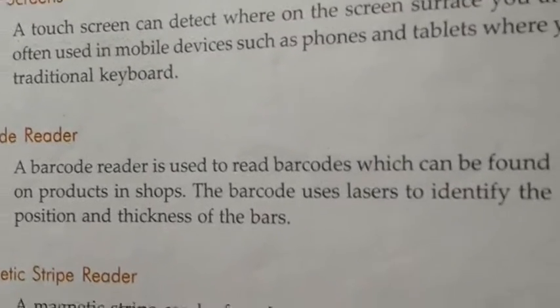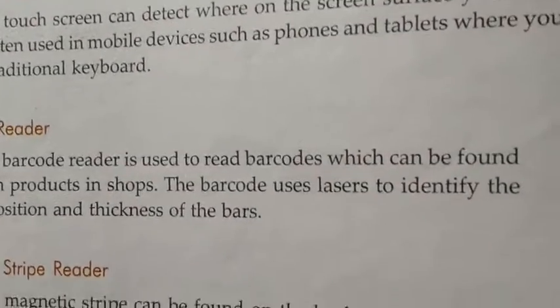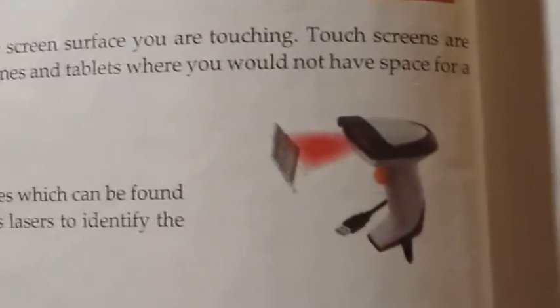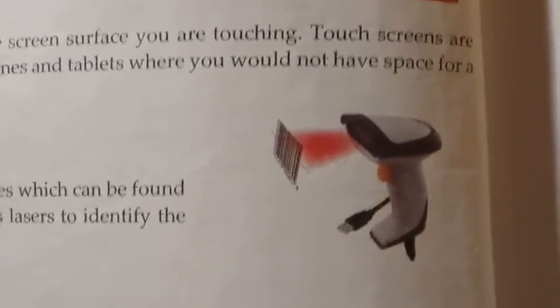A barcode reader is used to read the barcode which can be found on products in the shop. I will show one example. Look, this is a pen, and on this pen one barcode is there. If you have a barcode reader, you can read the content of this pen.